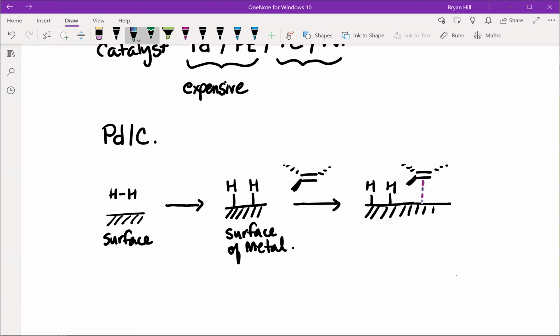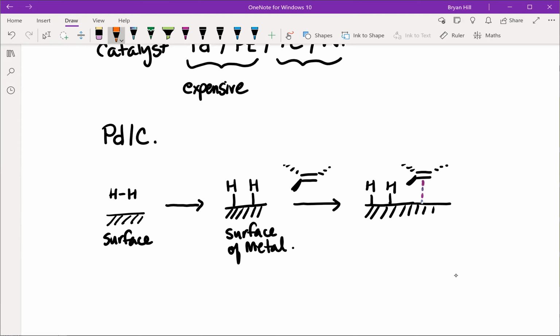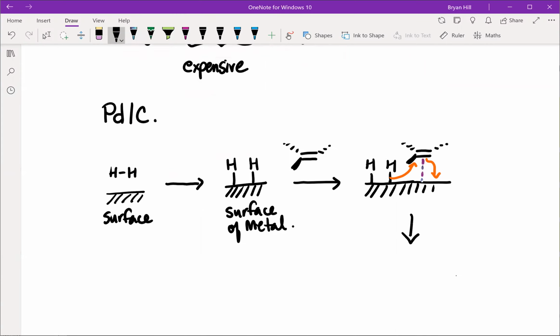And then the hydrogen comes in and forms a bond there. And then this is forming a formal bond there. These arrows aren't correct; this is just a way of showing it.